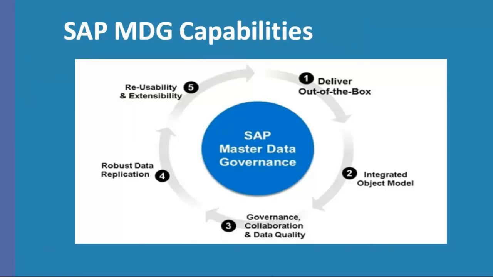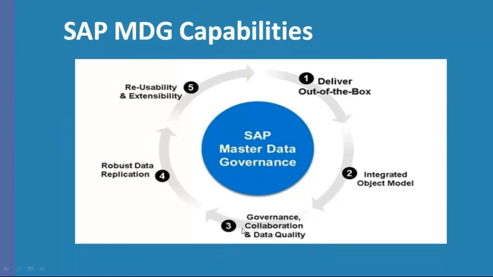So now, the capabilities, as I was talking about. First is out-of-box delivery. Out-of-box delivery means there are a lot of different types of business functions, web services, authorization objects, which are available in the MDG framework. Second is integrated object model. So it is a very compact model, and all the data are aligned with each other.